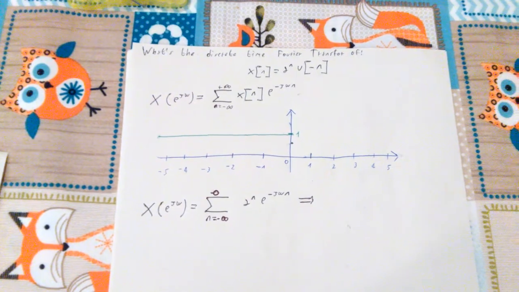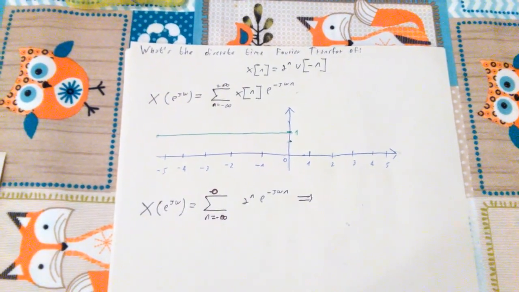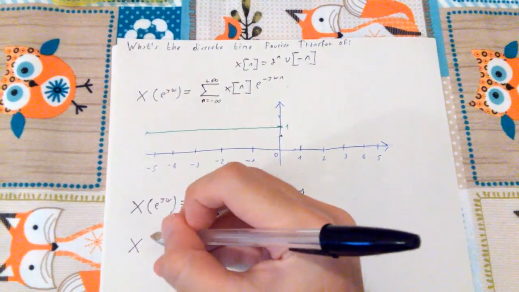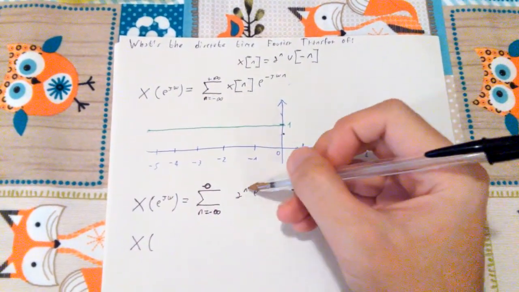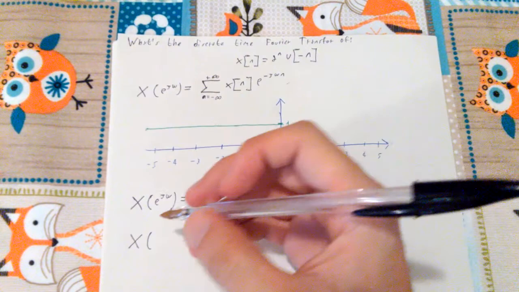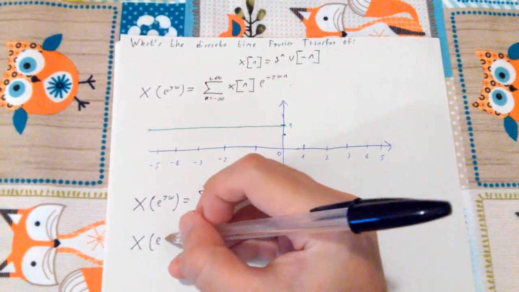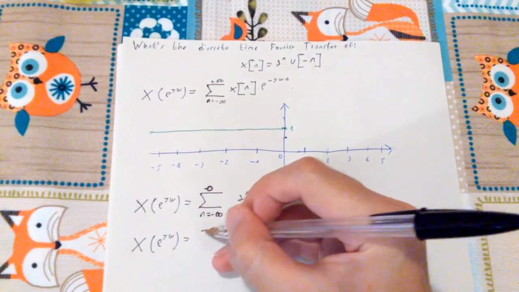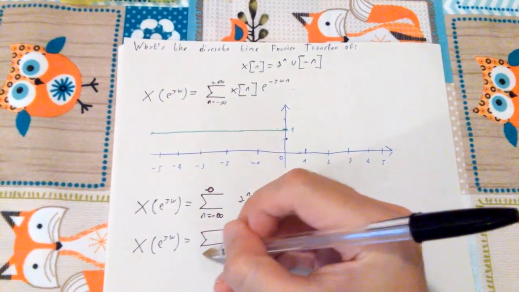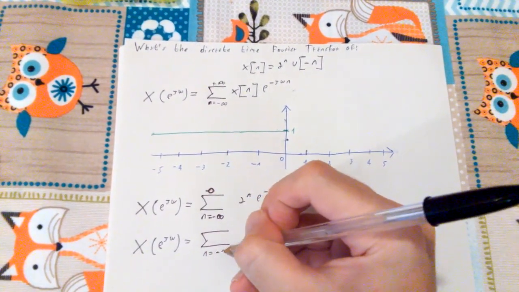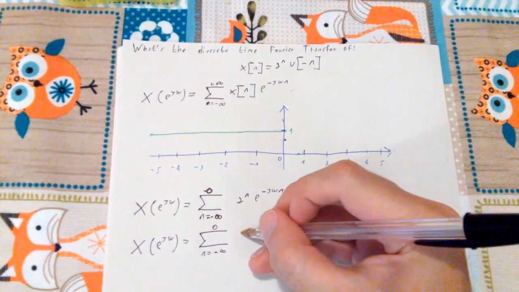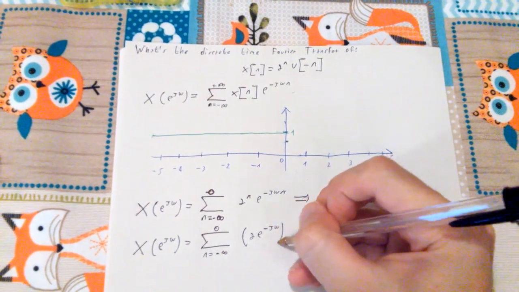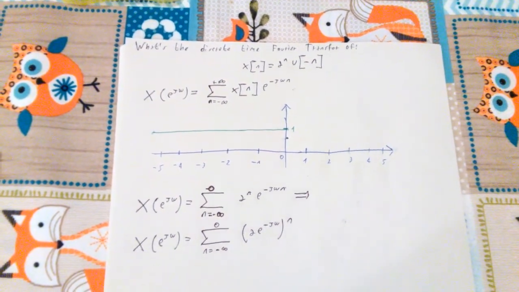But before I do that, let me just do one other thing. I want to take care of this n and this n just like I did before. So capital X of e to the j omega is still the sum of n that goes from negative infinity to 0 of a e to the negative j omega, all raised to the n.